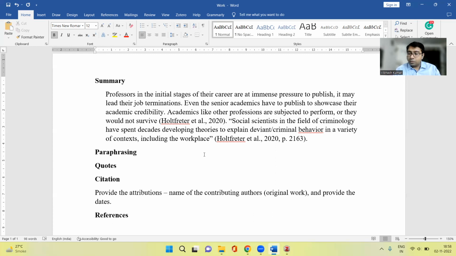Earlier, I used to go for checking my work on Turnitin or otherwise, but now it is just a normal affair that, if I have to take it just for keeping some kind of evidence that I have not plagiarized, I do it.